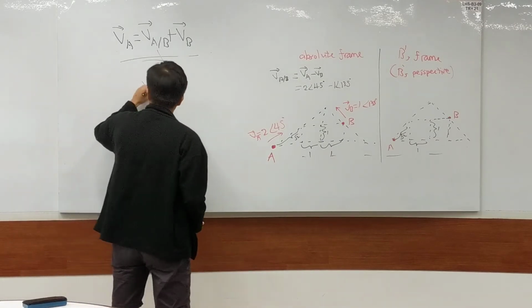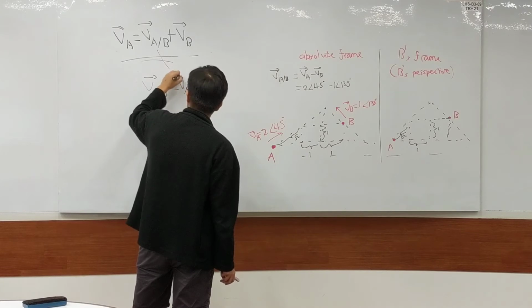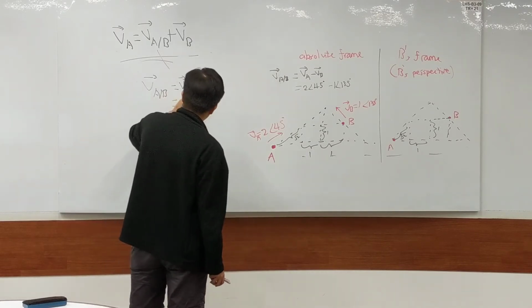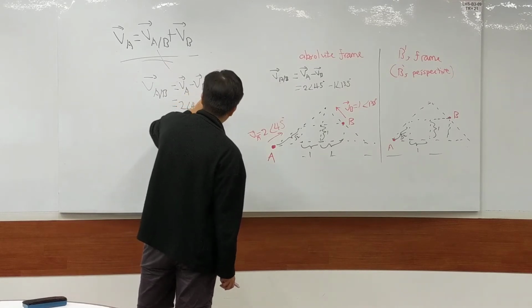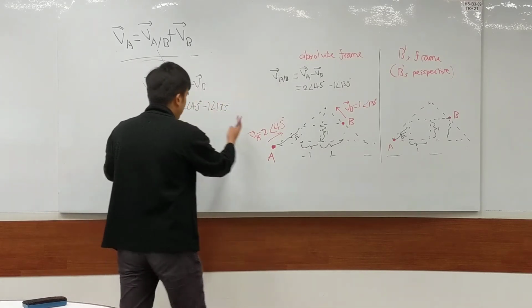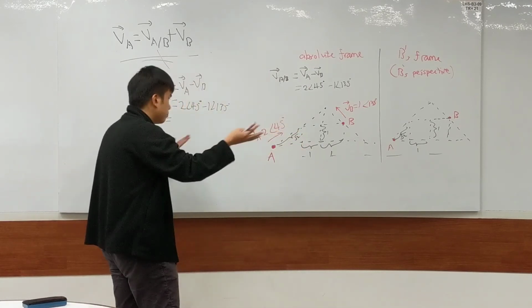So VA/B is equal to VA minus VB, which is 2 direction 45 minus 1 direction 135. To combine polar vectors, the only thing we can do is resolve them into i and j directions and put them together.